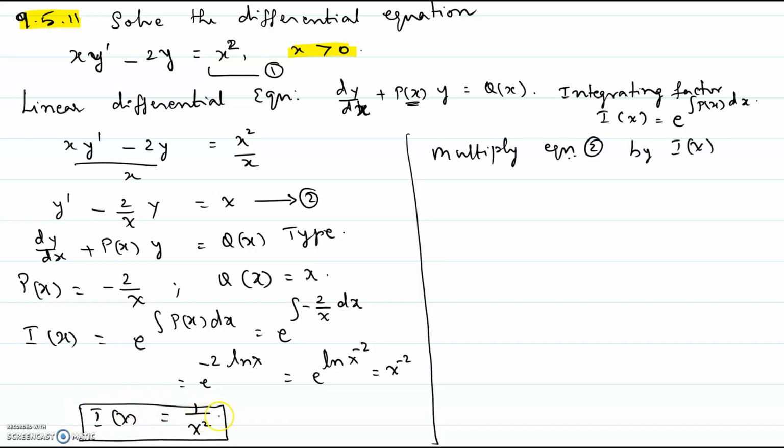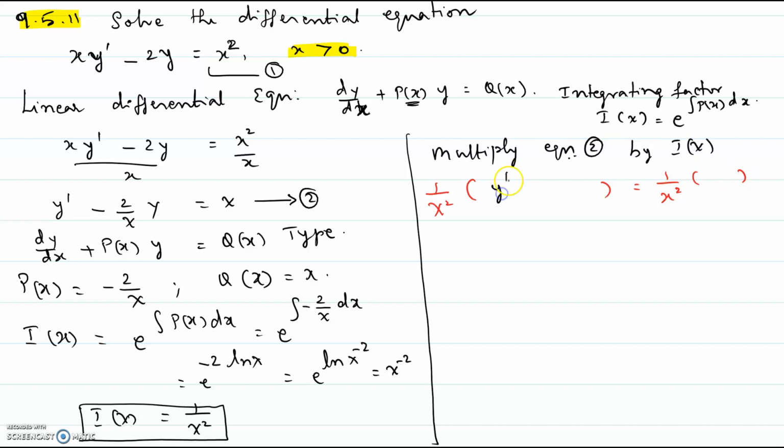The purpose of finding this integrating factor is to make the left hand side of equation 2 a perfect differential. So we'll take equation 2 and multiply by the integrating factor. So we get 1 over x squared of the left hand side of equation 2 is 1 over x squared of the right hand side of equation 2.